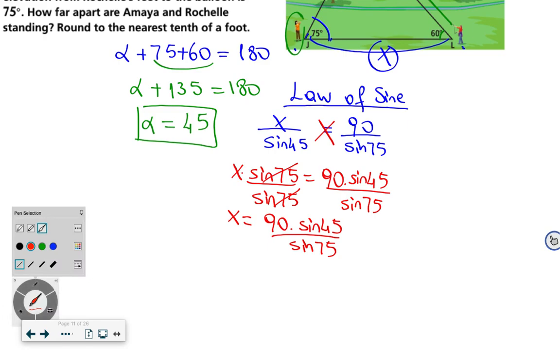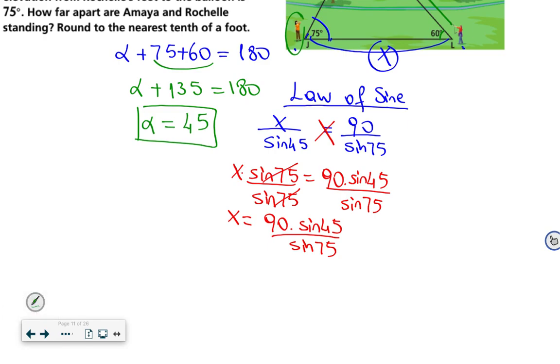You can use calculator. 90 times sine 45 over sine 75. Then you will get that the distance between the Rachel and Amaya, to the nearest tenth, is 65.9. That's the reason 65.9 is your answer.